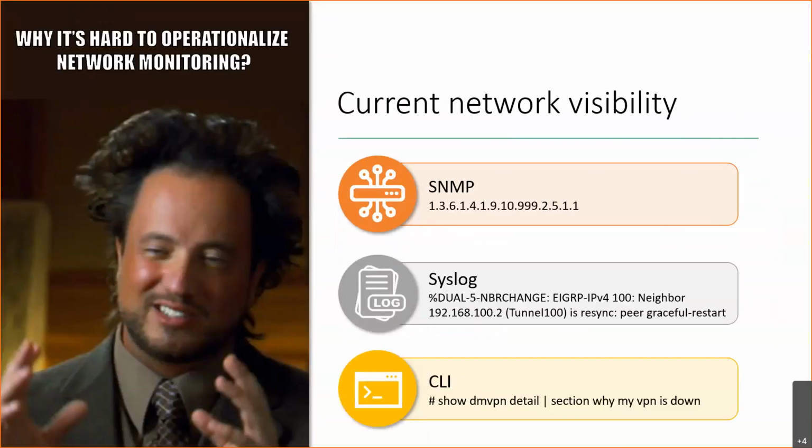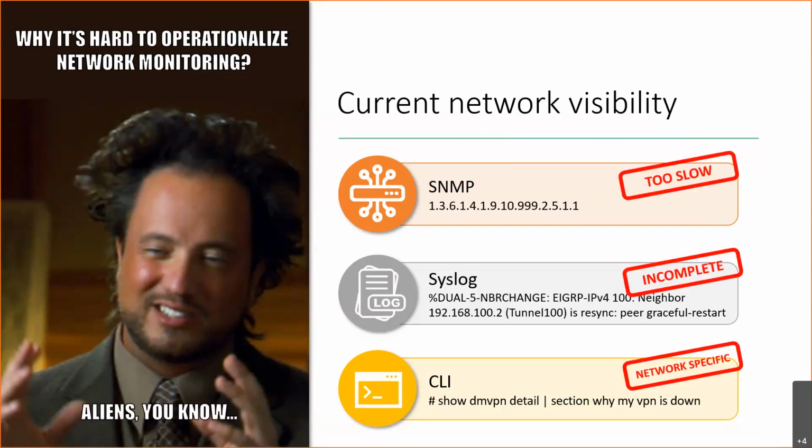So why is that? I'm sure that you're familiar with the tools which are often used today to have at least some sort of network visibility. But why is it hard to operationalize network monitoring using these classical tools? Shortly, because all these tools are either slow, incomplete, or very network specific.